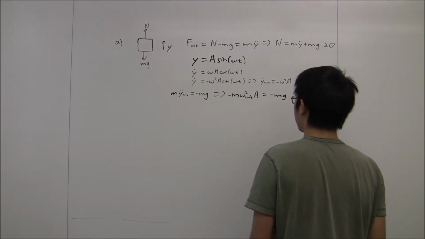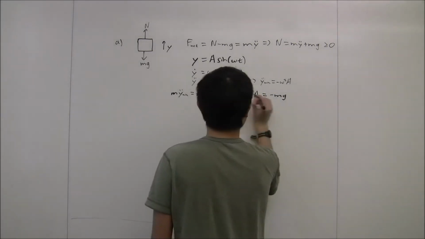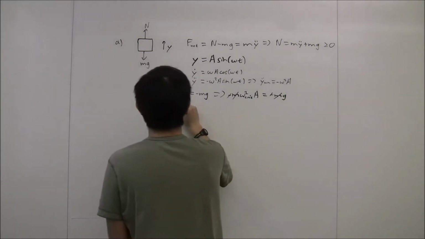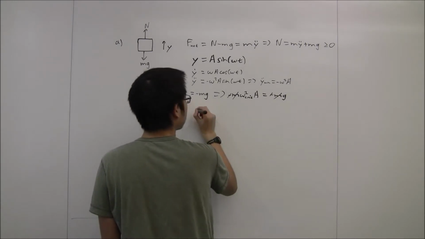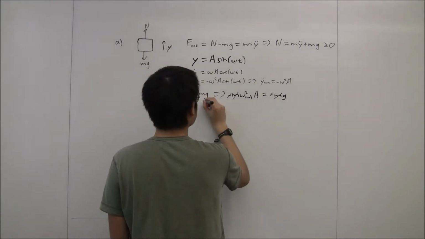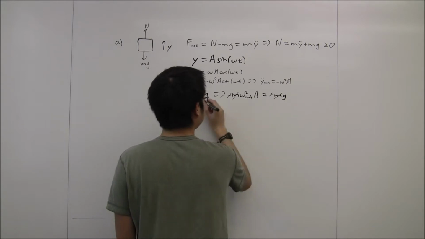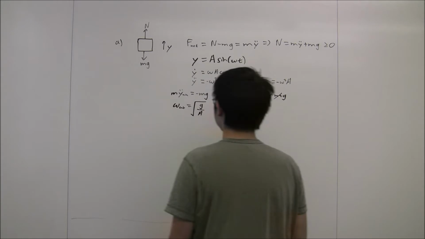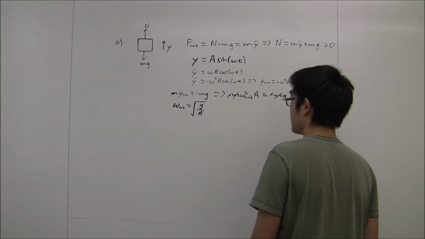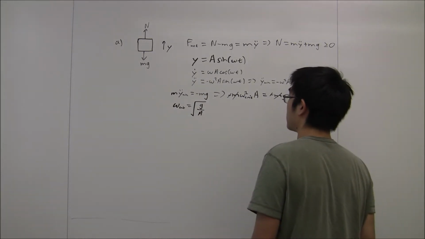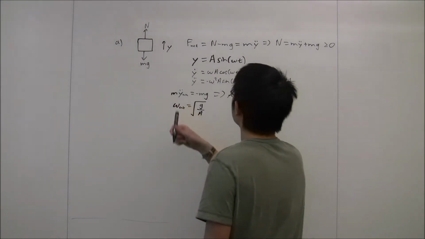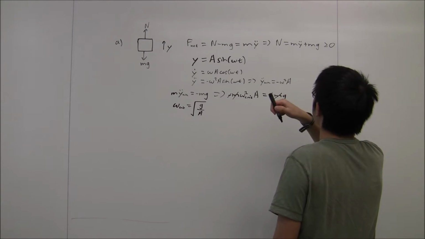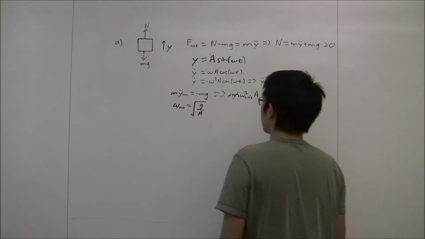If you solve for omega, you see that the negatives and the m's cancel out. So omega critical is equal to the square root of g over big A. At this critical angular frequency, at the minimum value of y double dot, the normal force will be equal to 0.